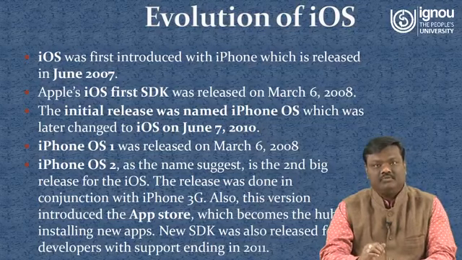So iOS 11 was released in 2017, then iOS 12 was released in 2018, and then 13 was announced in 2019. As you can see, 2020 we got the version iOS 14, and currently during this September they released iOS 15.